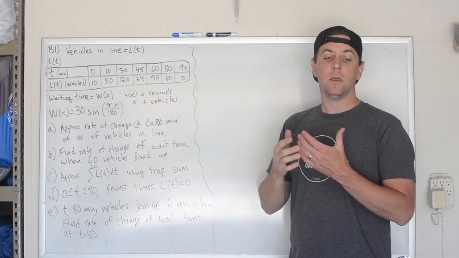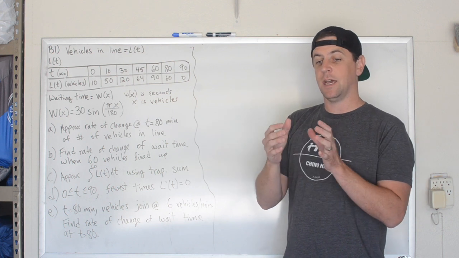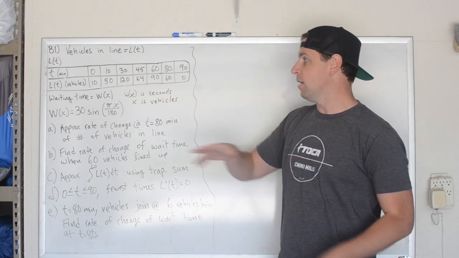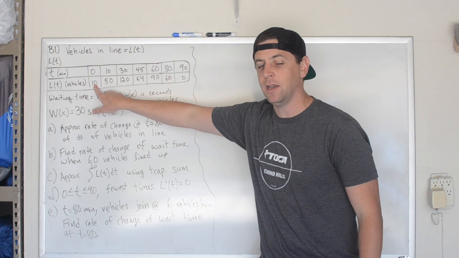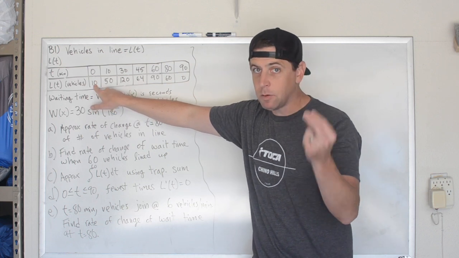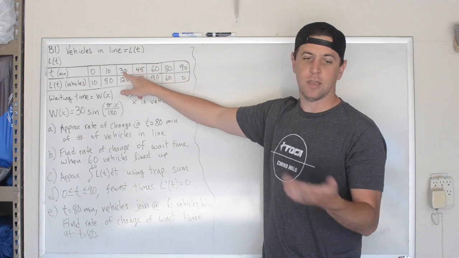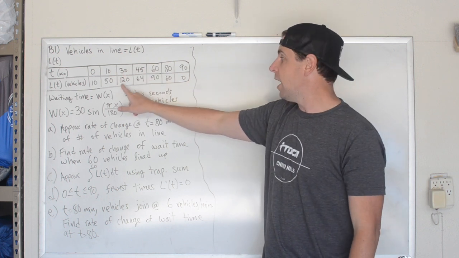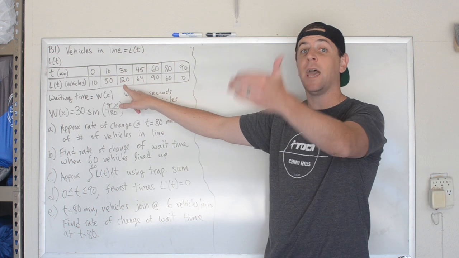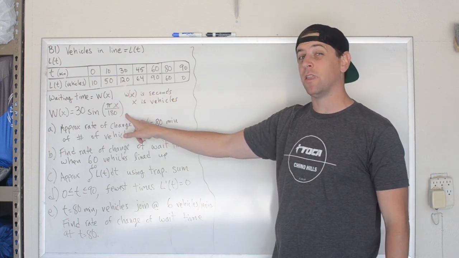So if we get in line when there's only 10 vehicles in line, then our wait time is going to be pretty short. However, if we get in line at 30 minutes into this, when there's 120 cars in line ahead of us, our wait time is going to be a little bit longer.